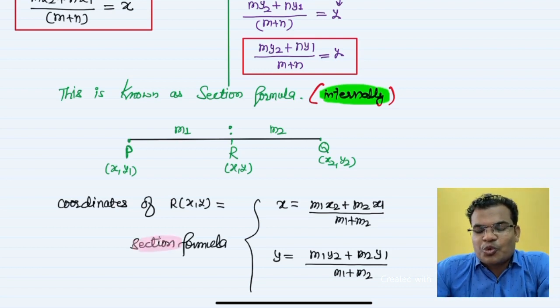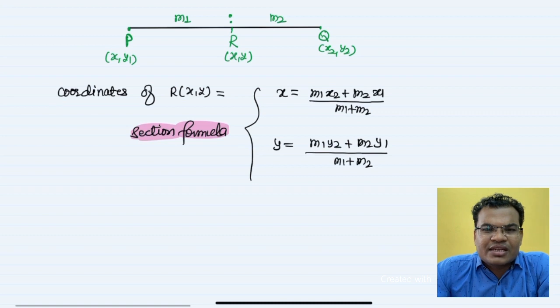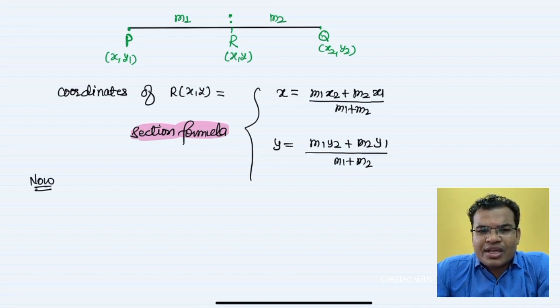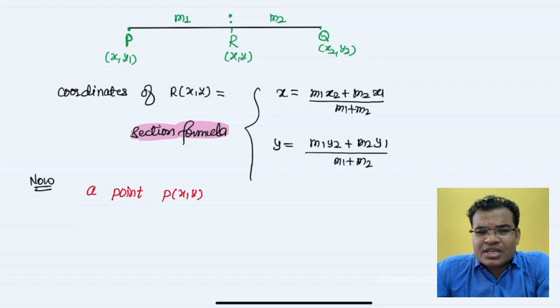I just want to tell you something extra: the formula for external division, though in the 10th class you will get only internal. So for your knowledge and higher understanding, suppose a point P, x comma y, divides a line segment.